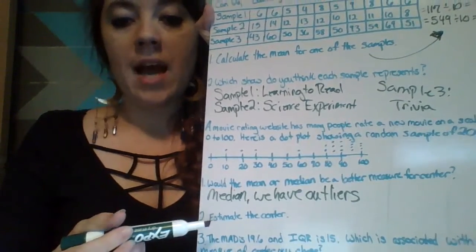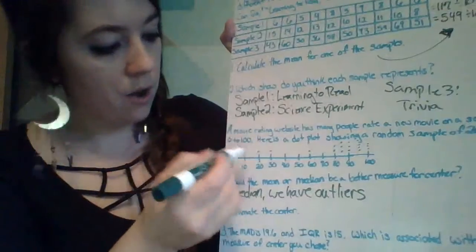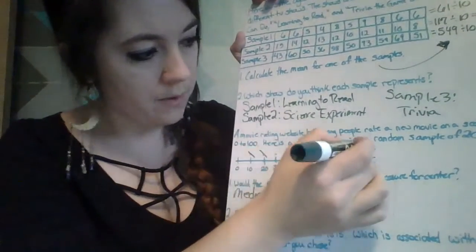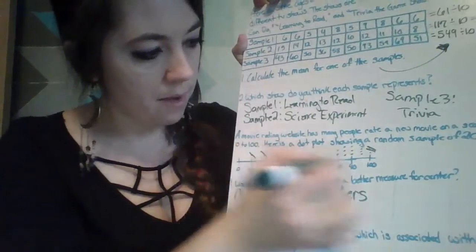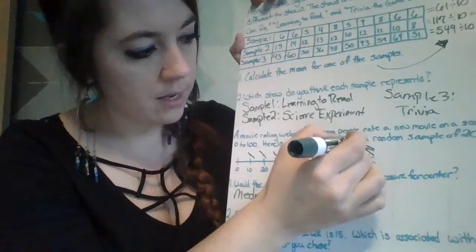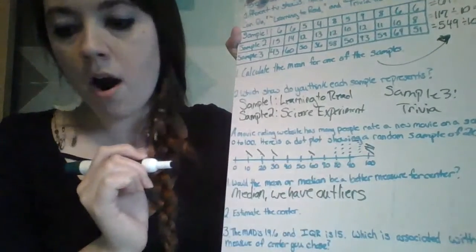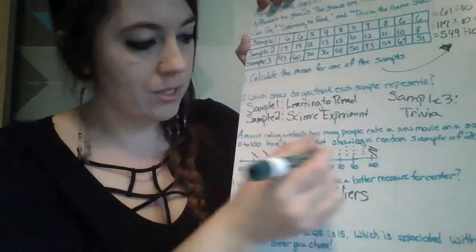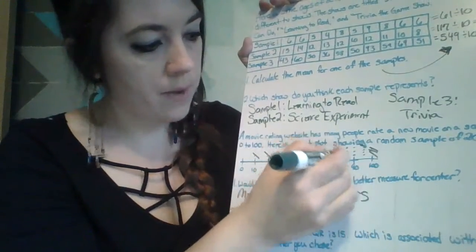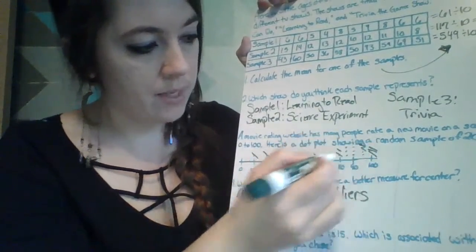If we estimate the center, there's one, there's another one, cross that one off, cross that one off. That one goes away, that one goes away. Now we're at the 60. There are 5 dots on 90, just so you guys can see that. That one goes away, that one goes away, and that one does.